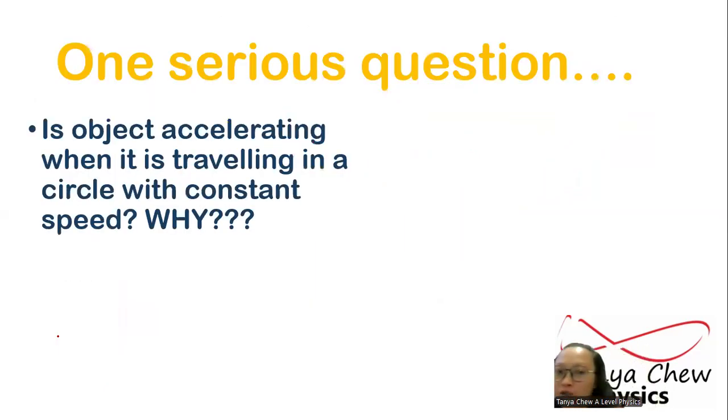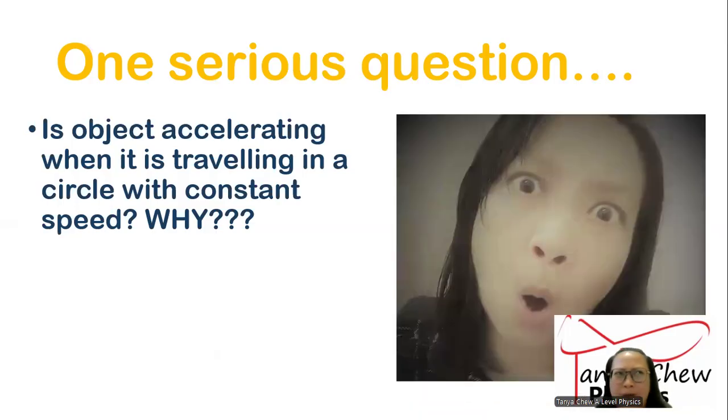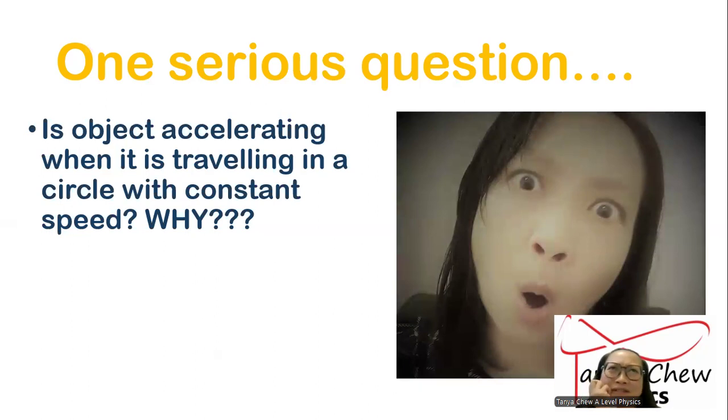Now, one serious question that I need to ask you here, which is a very popular question that pops up in most past-year questions: is an object considered to accelerate when it is traveling with a constant speed? If you say yes, why? If you say no, why? This kind of question is a bit confusing, don't you think so?